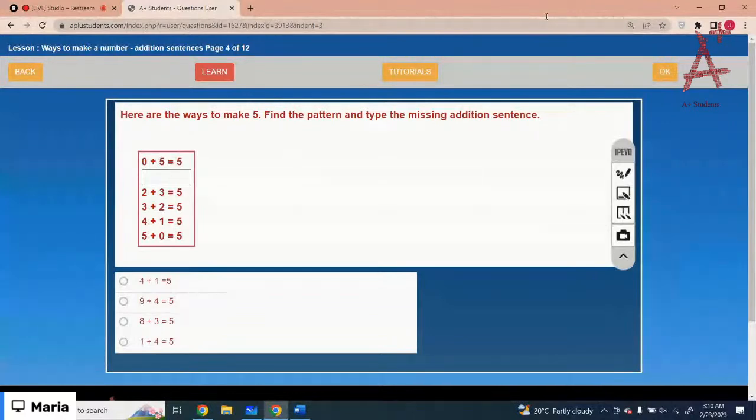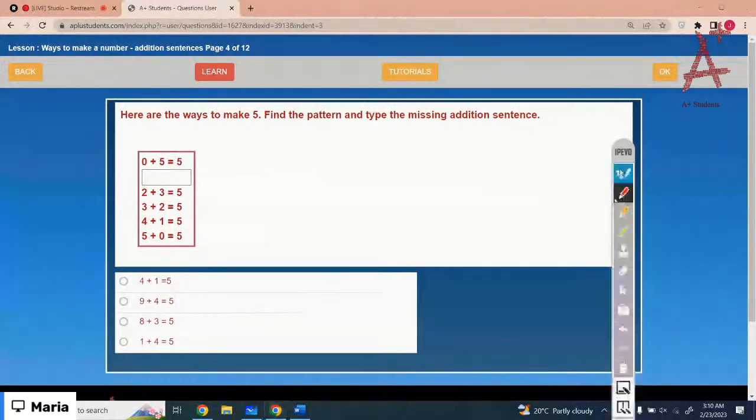Each sentence above the previous one, the numbers are decreasing by 1. 5 minus 1 is 4. 4 minus 1 is 3. 3 minus 1 is 2. So which number is right after 2? Right after 2 you have a 1. That means here the number is 1.